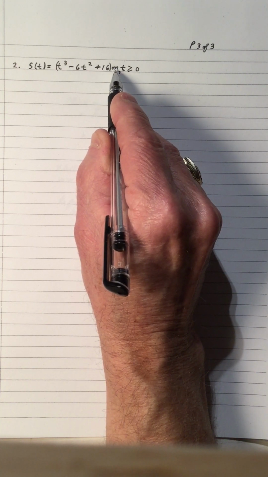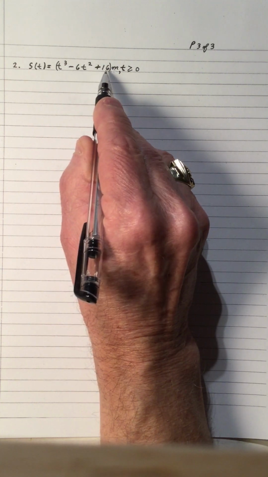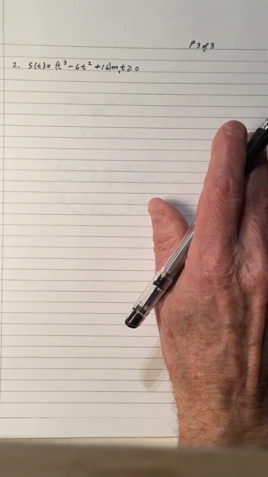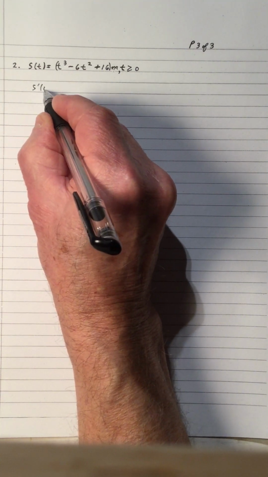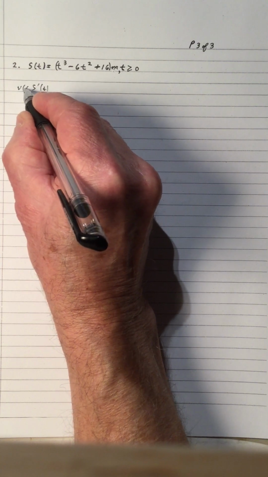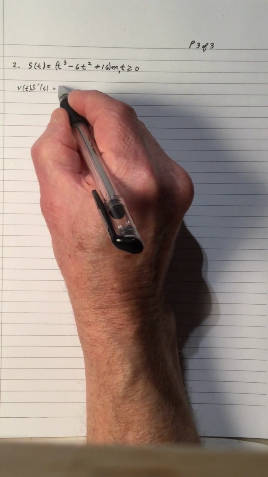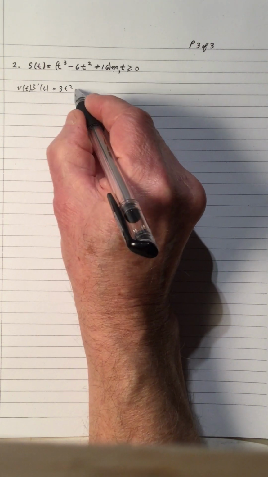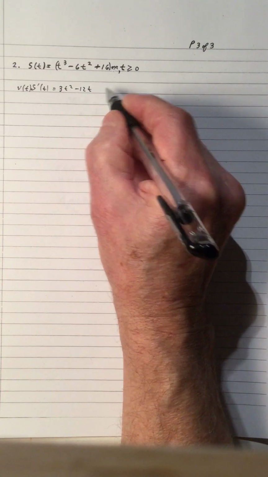Notice that when t is 0, the object is 16 meters from 0. But let's look at the derivative, which is, again, the velocity. The derivative is 3t squared, and negative 6 times 2 is negative 12t, and the derivative of 16 is 0.